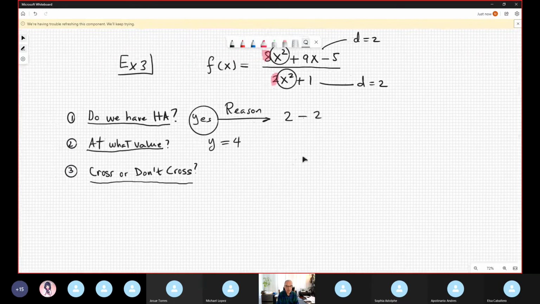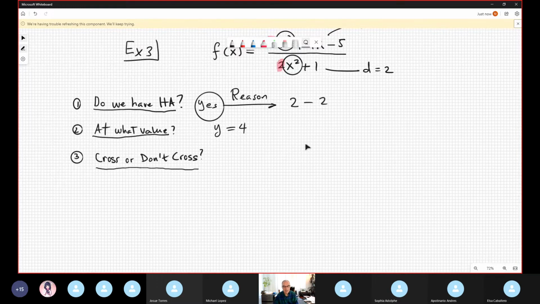So now let's focus on the complicated part. I want to investigate, mandatory, when I determine if we have a horizontal asymptote, if the answer is yes, mandatory, you need to investigate if my curve crosses or doesn't cross the horizontal. So I determine, of course, at 4.